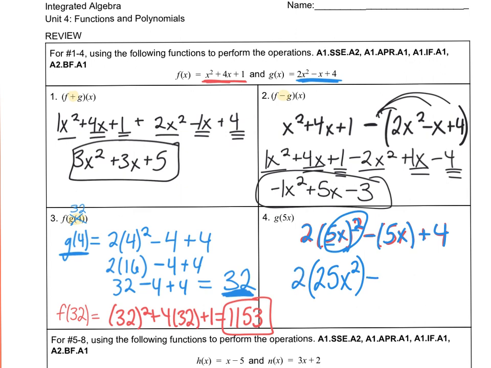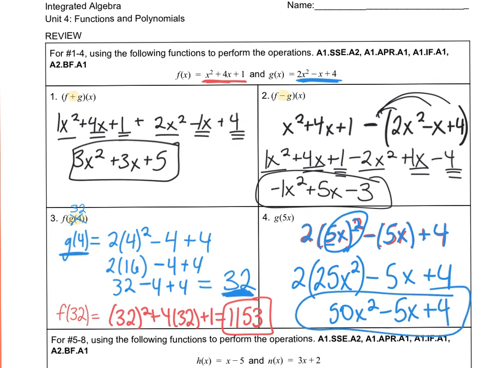Times by 2. What is 2 times 25x squared? 50x squared minus 5x plus 4. Do we have any like terms? Nope, so just leave that alone. That's just your answer.